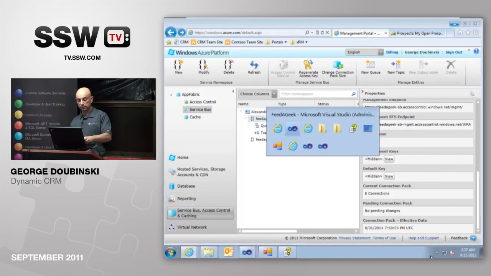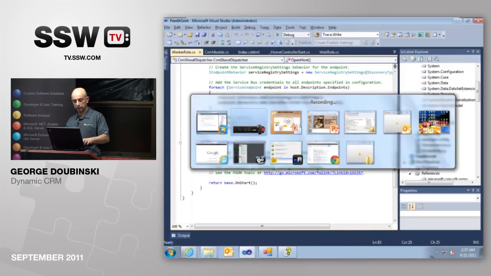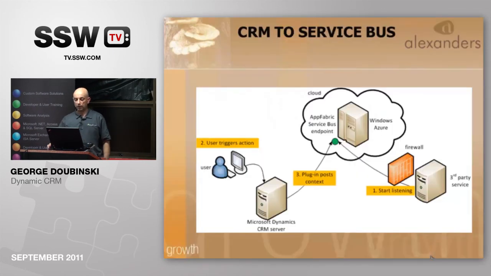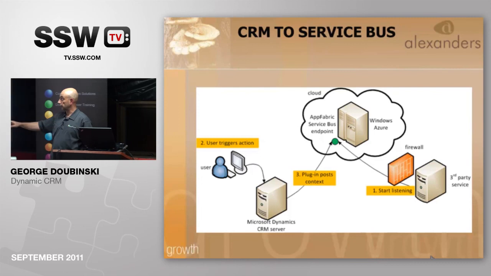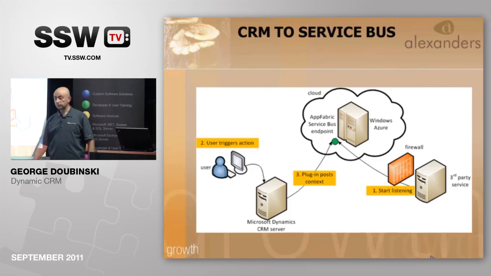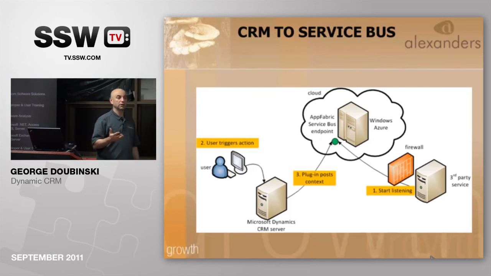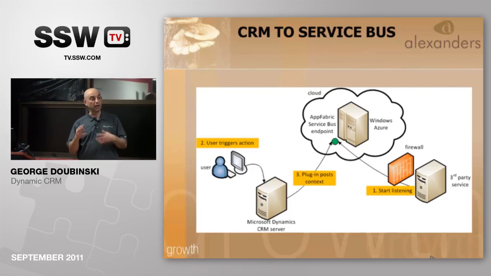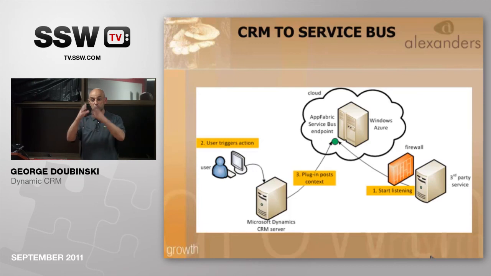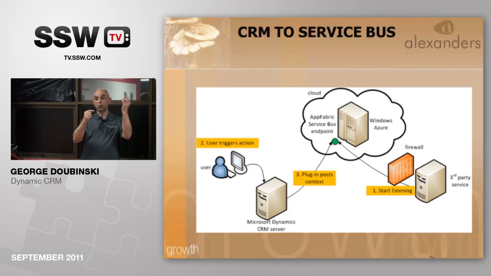And once you define the endpoint here, that's what we did, CRM has the ability to create a plugin. A plugin is a piece of code that runs within the execution pipeline. So it can be a plugin when a record gets updated or created, and your code will be executed.